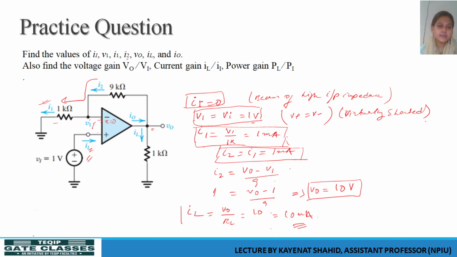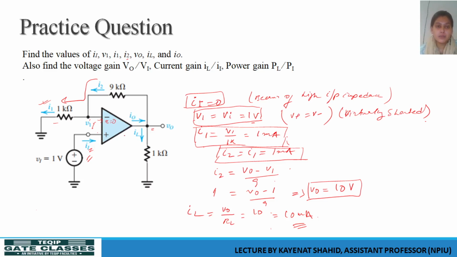Next is IO. This is the new current. We have not discussed this because the op-amp normally can work as a current source also. Because of the very low resistance at the output terminal, all the current can flow through the load.